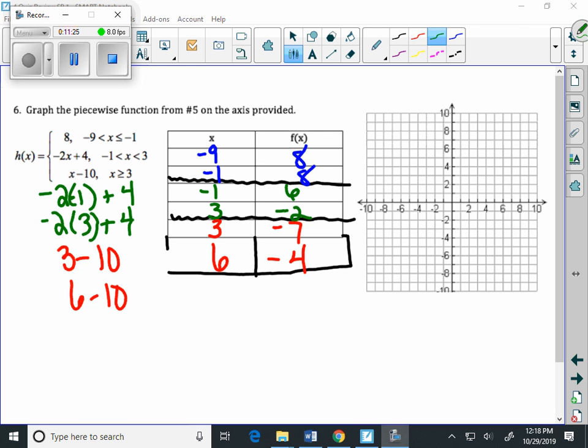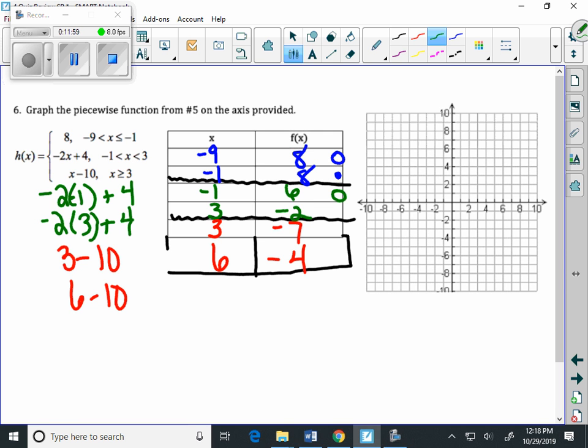Let's draw the picture. Before we draw it, we better put in what kind of circle we're going to have on our first value. Well, negative 9 is less than x. There's no equals, so we're going to have an open circle on that one. But then it says x is less than or equal to negative 1. That's going to have a filled-in circle. When we go to the green values, negative 1 less than x, less than 3, neither one of them has an equals.